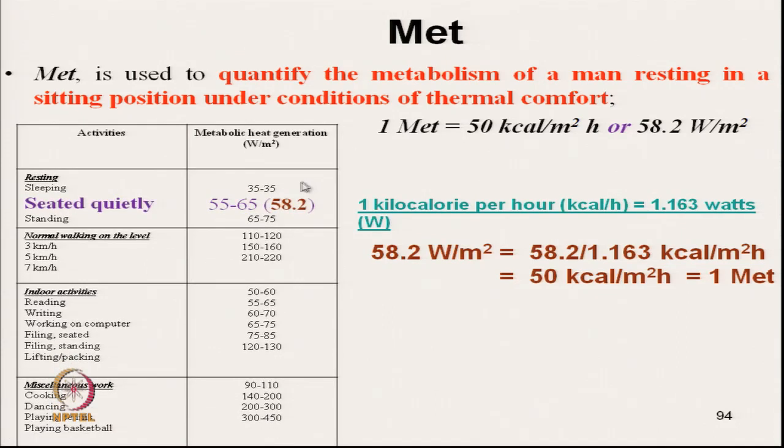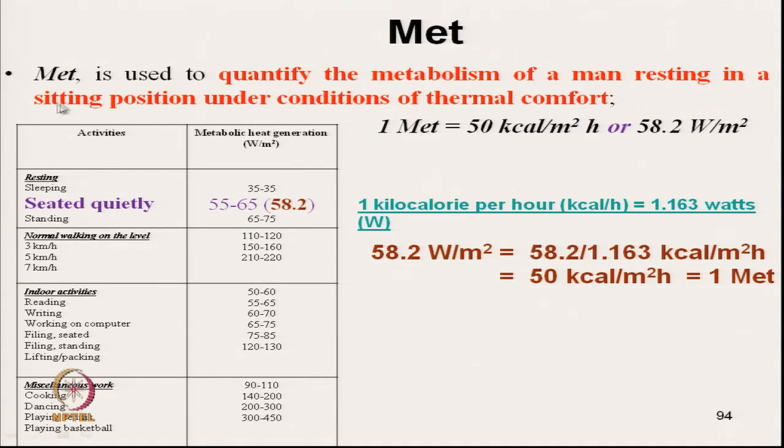If we see this table here, the first column shows different activity levels, and the second column shows the metabolic heat generation in watt per square meter.